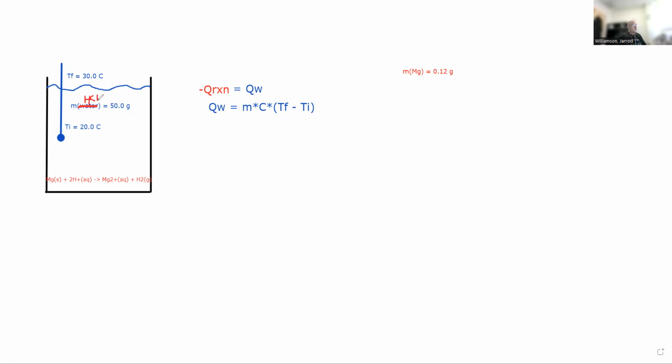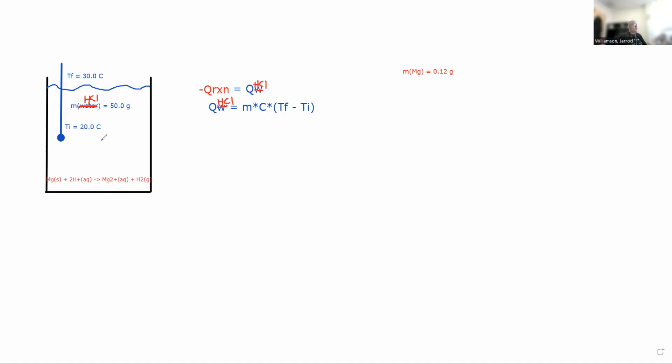That was my first mistake. This should be an HCl solution, but we're going to approximate it as water because it's going to be mostly water. Anyway, I took my 50 grams of hydrochloric acid solution.